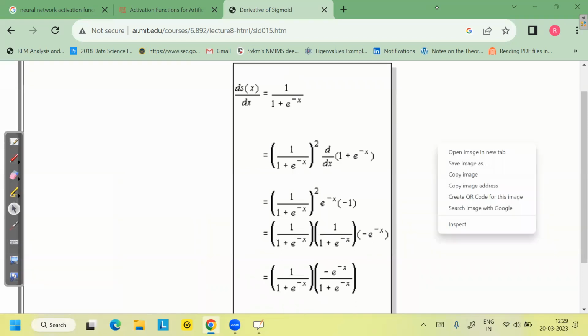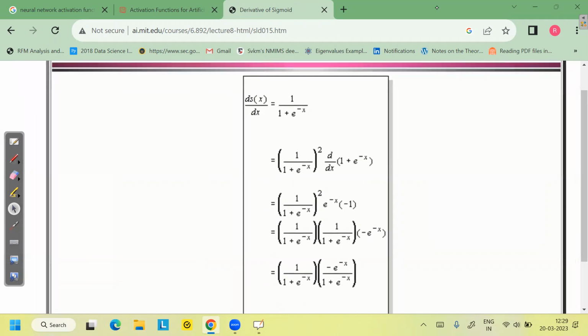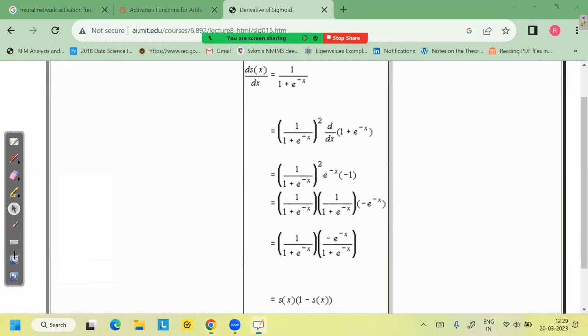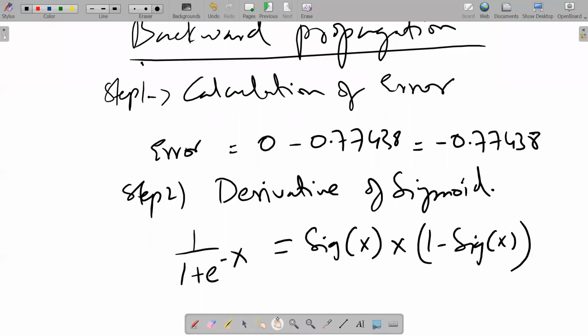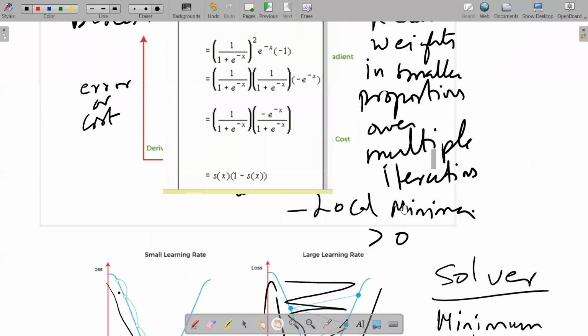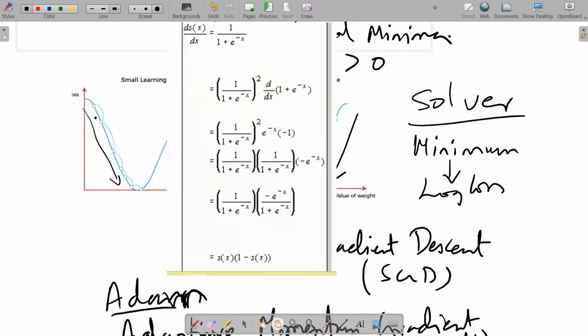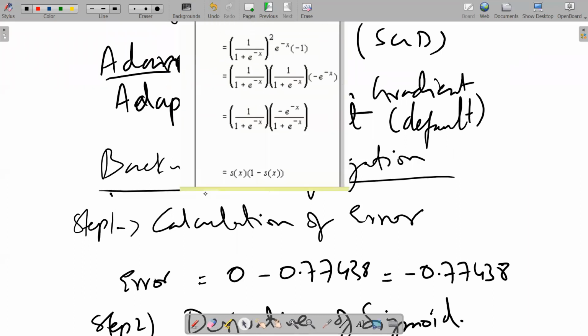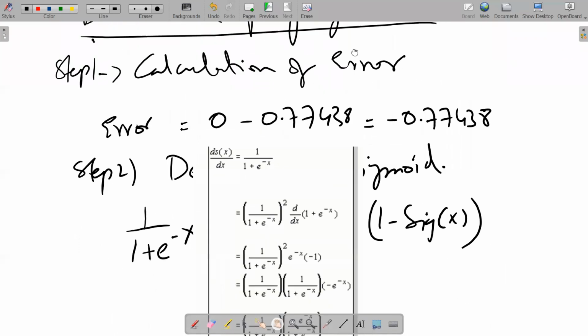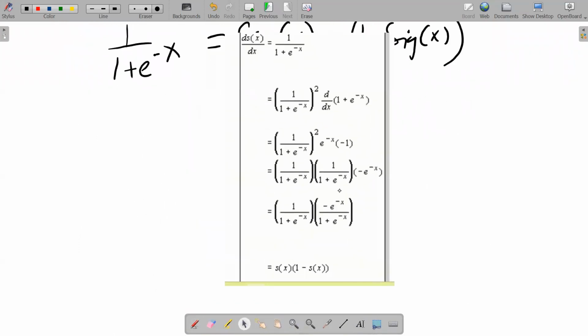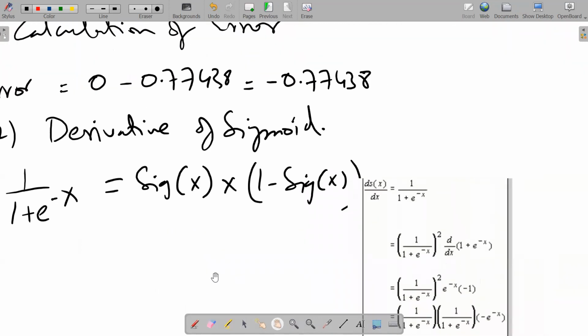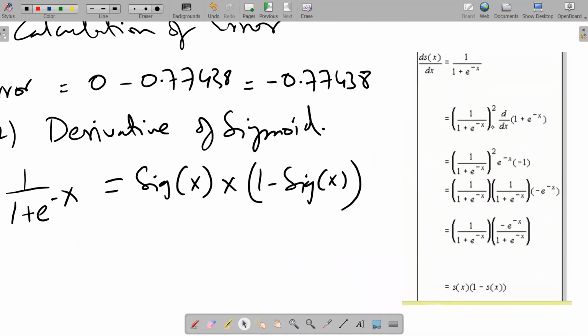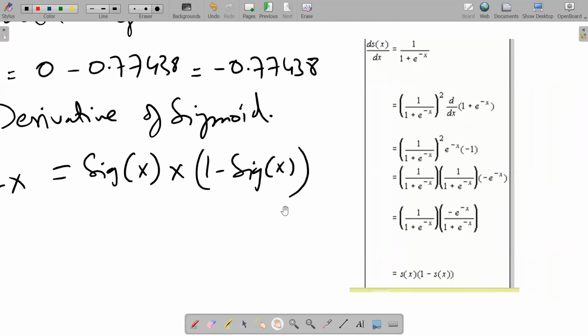ds of x by dx, d by dx. So this is the derivation of the sigmoid: d by dx of 1 by 1 plus e to the power of minus x.